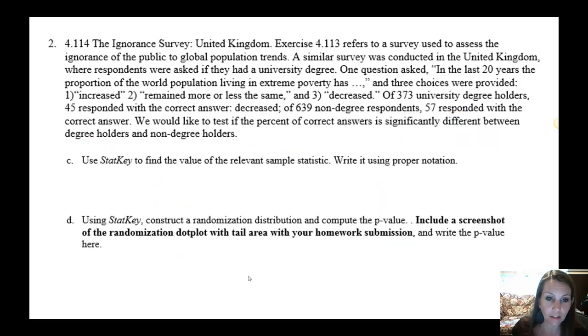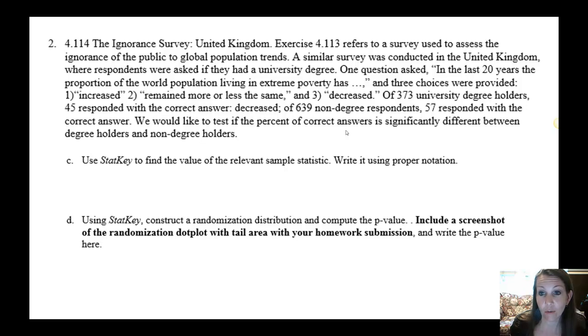Next, use StatKey to find the value of the relevant sample statistic and write it using proper notation. Actually in this case, they give us the data right here in the problem. We don't actually need StatKey to find the value of the sample statistic, although we can certainly find it on there as well. One of the kind of confusing things I think about this problem is that because it deals with proportions, you don't need a whole data set to give the data for this survey.